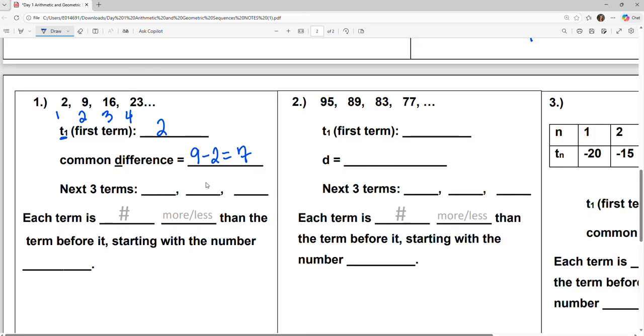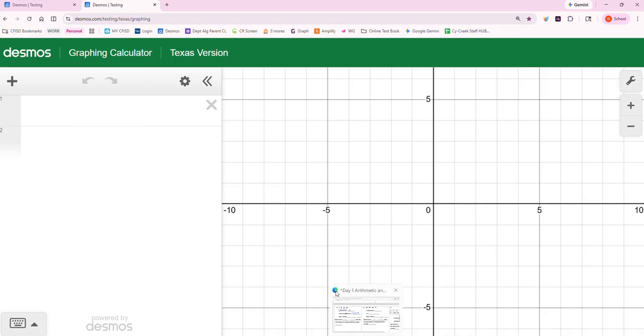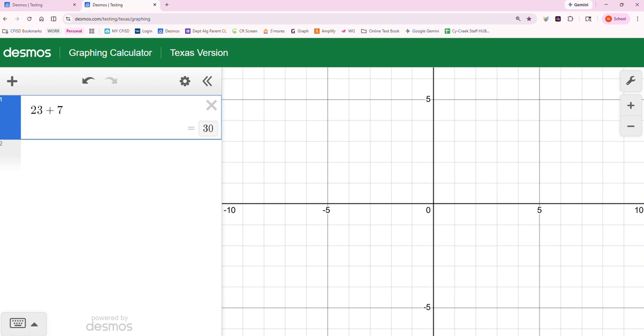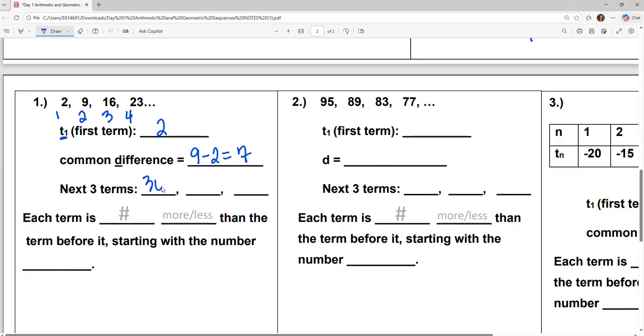So now we're going to generate the next 3 terms. 23 plus 7 is going to give us 30. This is going to give us 37. This is going to give us 44 for the next term.